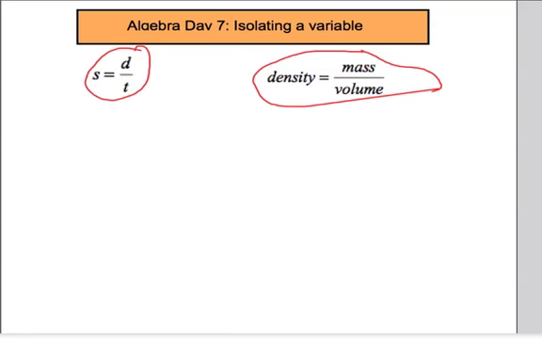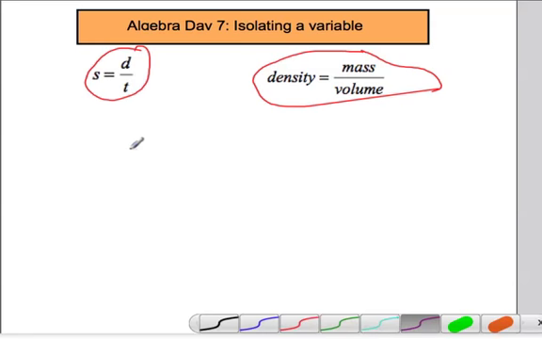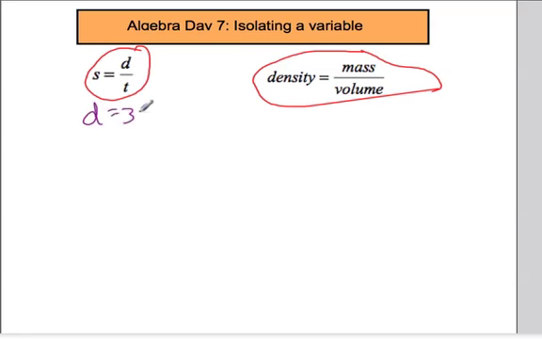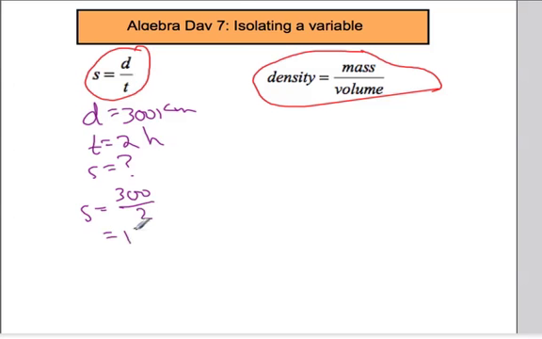Well, if I give you something like, for example, the distance is 300 kilometers and the time is 2 hours, and I ask you for the speed, you can very easily substitute it into the formula: 300 divided by 2, that's easy, right? I was traveling 150 kilometers per hour.